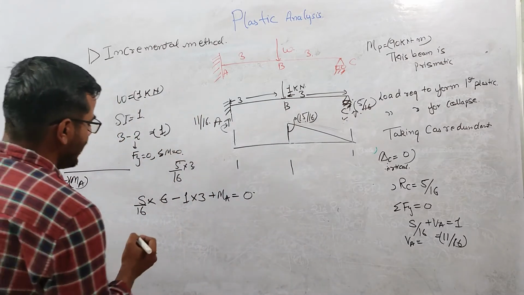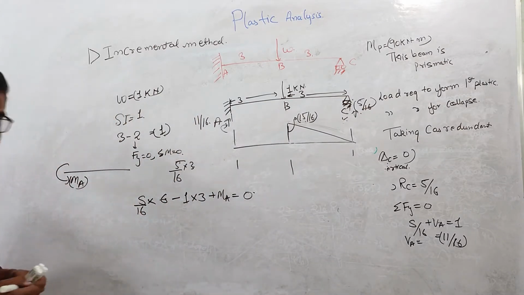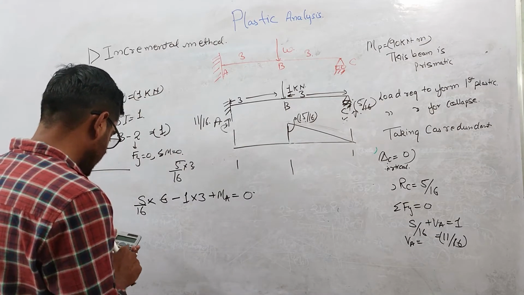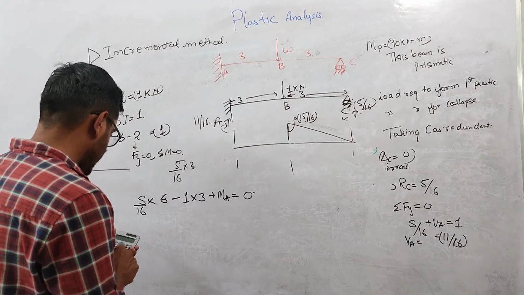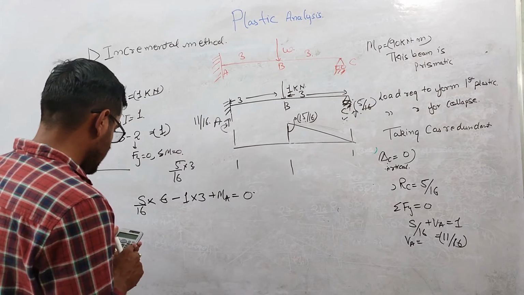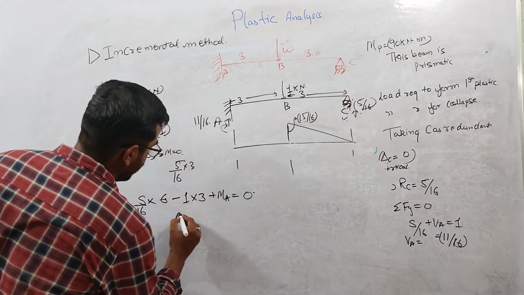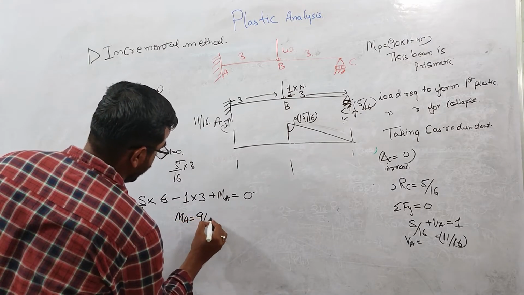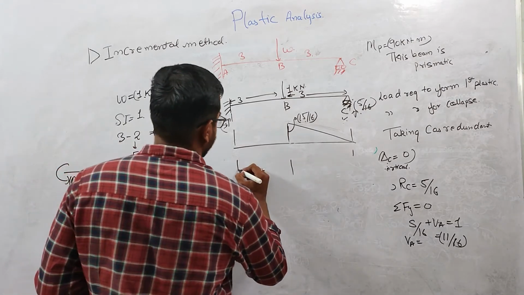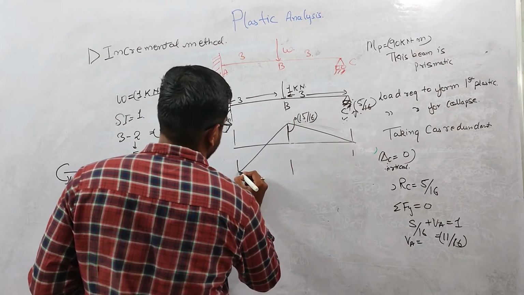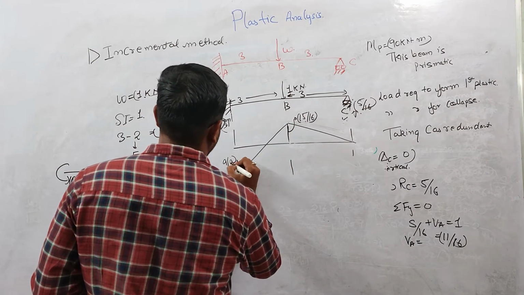Okay. So if you calculate MA from this equation, this will be 5 into 6 divided by 16 minus 3. So MA comes out to be 9 by 8. So the moment at this end is 9 by 8, right?